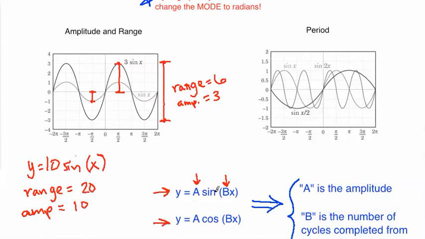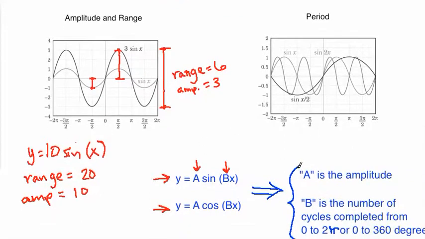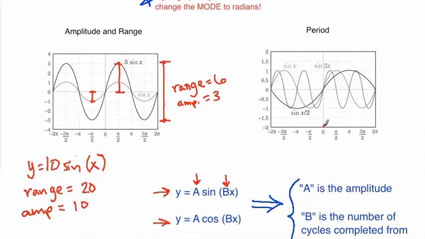Now the period is changed when you change b. B is the number of cycles completed from 0 to 2 pi, or 0 to 360 degrees. So 0 to 2 pi, that's here to here. If we look at our regular sine graph, if we look from 0 to 2 pi, it completes one cycle.